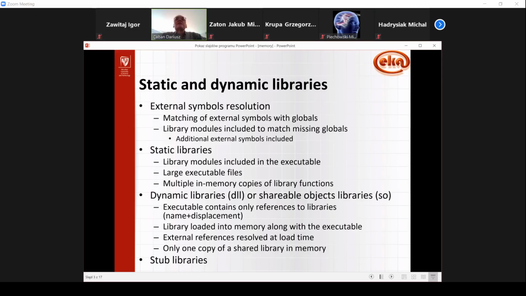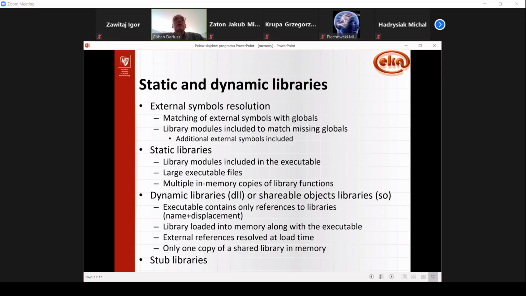So if you have a heavily used operating system where there are multiple executables being executed at the same time, you waste a lot of memory in the case of static libraries, because you have multiple copies in memory.